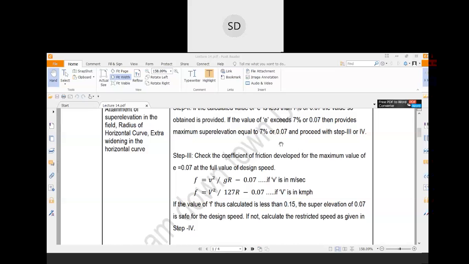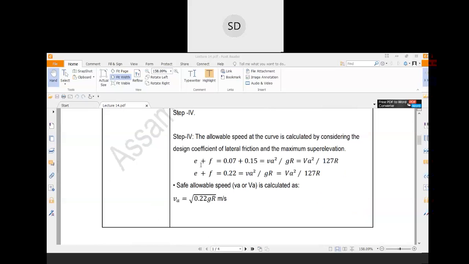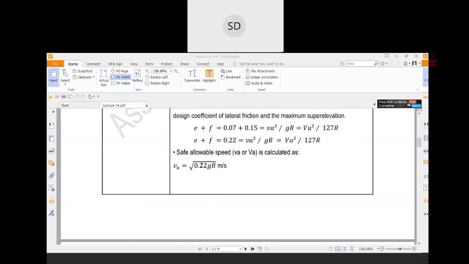In such cases, you have to go for the next step. Put the E value as 0.07 and the F value as 0.15, and find out the speed value.